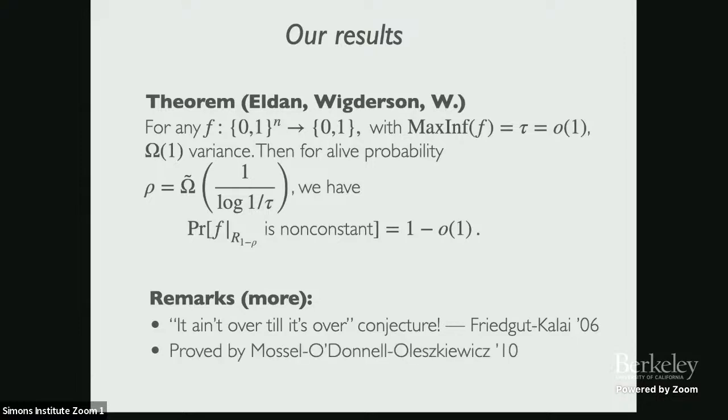Also, the original conjecture was already proved by Mossel and Oleszkiewicz, but their result is suboptimal. So this is nice. Also, I heard that Kahn, Lipschitz, Minzer, and Mossel have a different proof, so maybe at some point they will teach us.